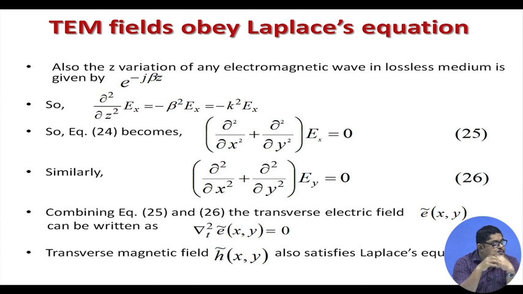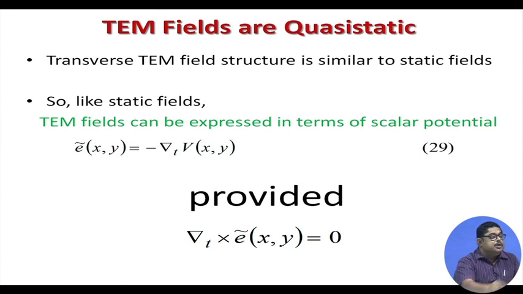So, if the transverse electric field or transverse magnetic field satisfies this equation, that means they satisfy a Laplace type of equation. And we know that electrostatic fields satisfy a Laplace type of equation. So, their solutions will be similar. At the most they can differ by some constant etc., but the solution is the same. So, that is why these TEM fields are called quasi static fields.